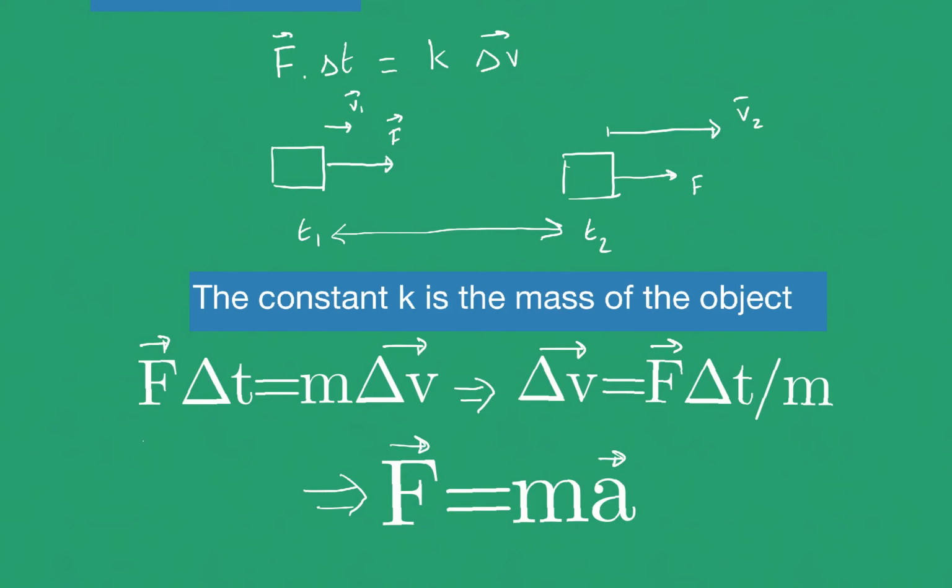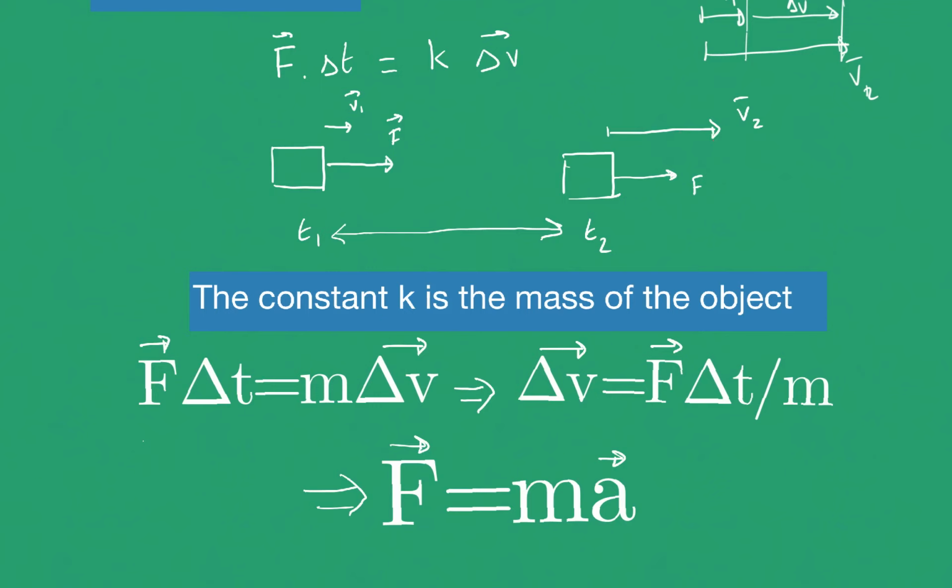So v2 is this vector, this is v1, and what the force has done is a change in the velocity, and the change in the velocity is v2 minus v1. Now there is a change in the vector velocity.